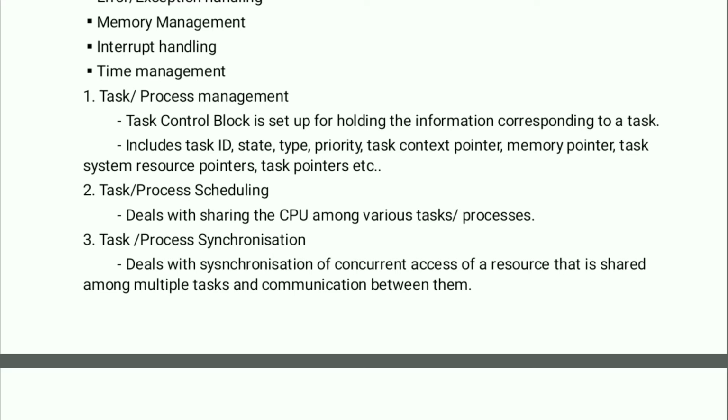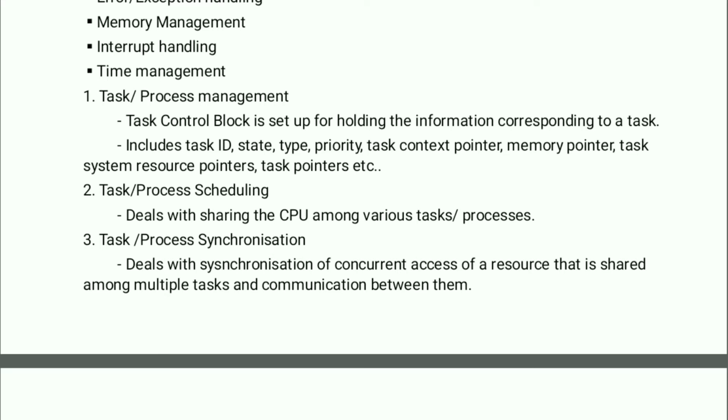Now we go to the details. A TCB usually contains some information regarding the task. The first one is the task ID, meaning the task identification number. The next is the task state. It indicates the current state of the task. We know that there are different types of states.